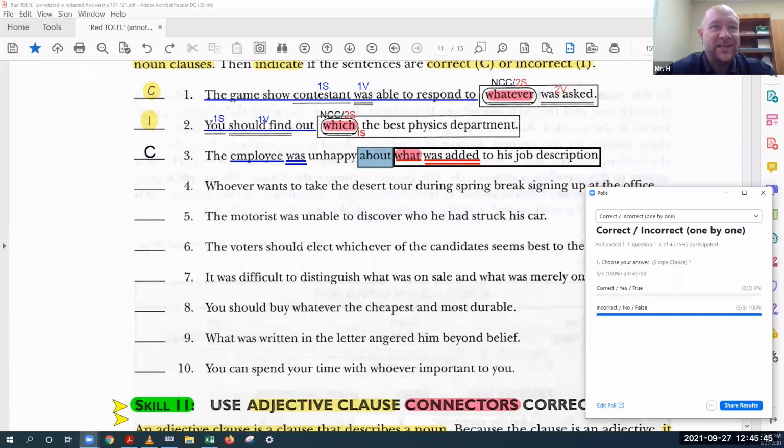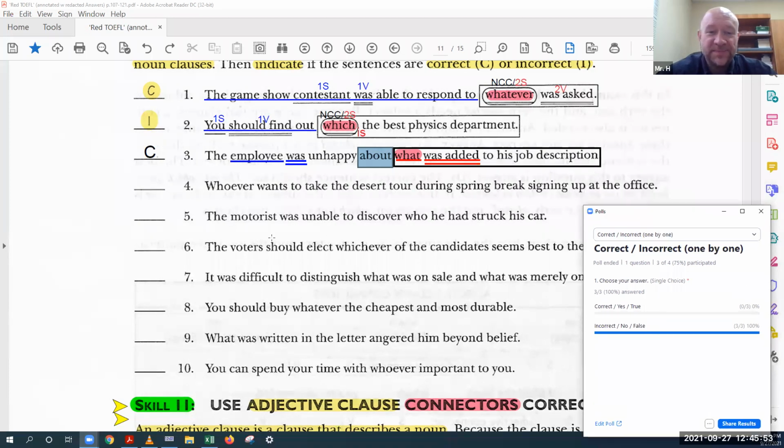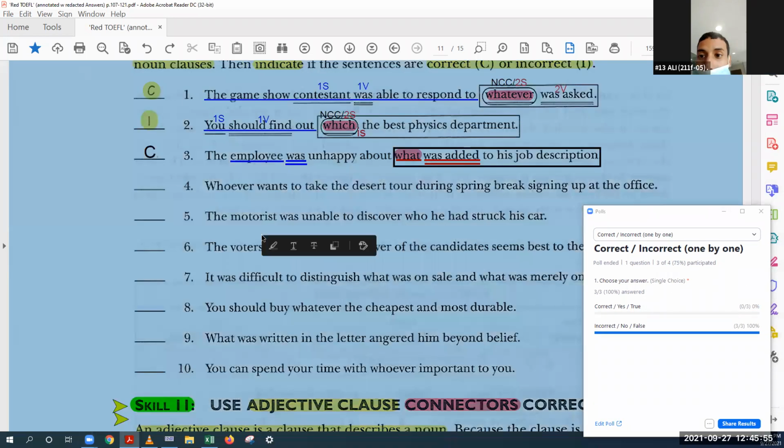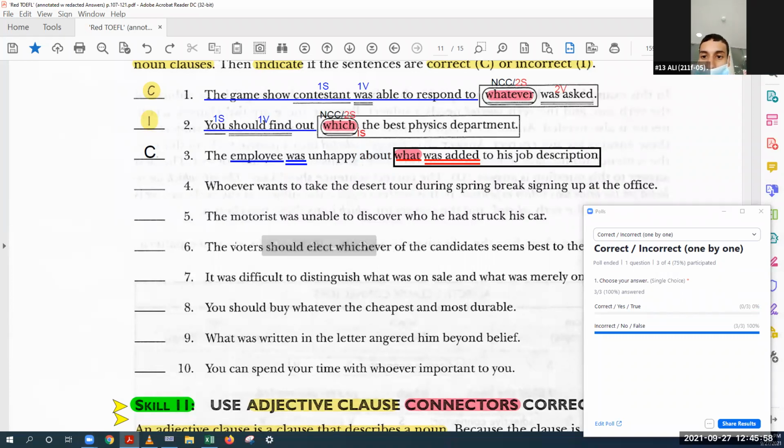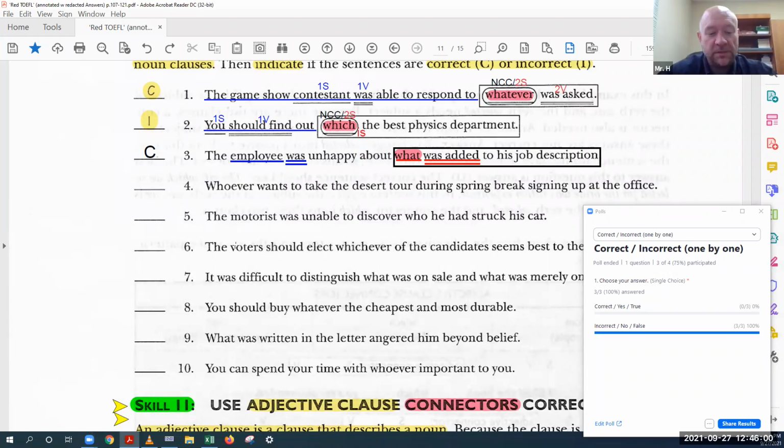There's Ali. Okay. Why don't you do number 4, Ali? Find subjects and verbs, okay? Whatever is the first subject. Is it the main subject of the main clause? No, it's not. Can you find another subject? No?